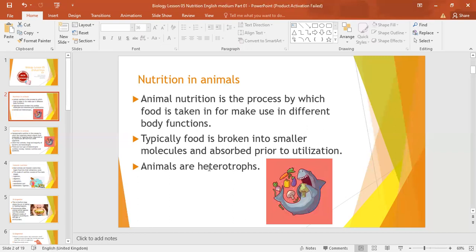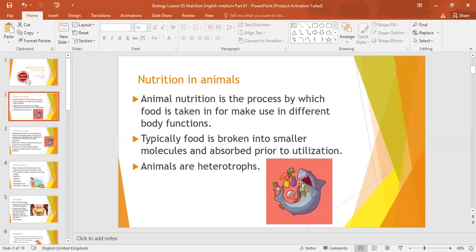Both can make their own food, but heterotrophs cannot. Therefore, heterotrophs have to depend on other animals or plants. Heterotrophs have to depend on autotrophs, because autotrophs make their own food and provide food sources for other organisms also.